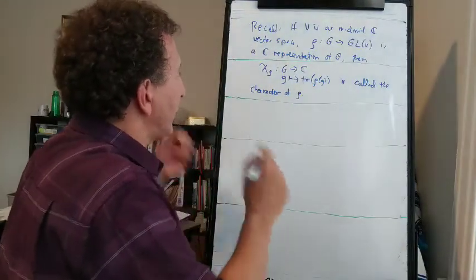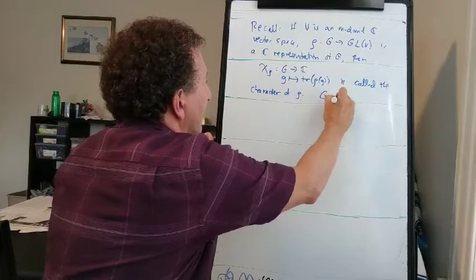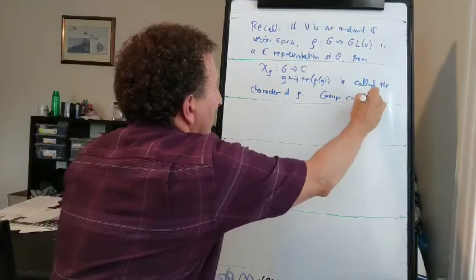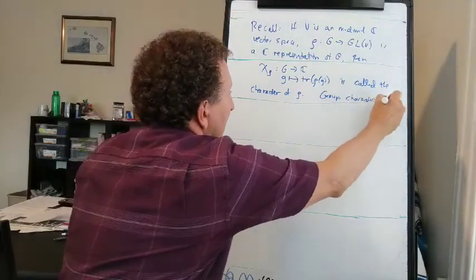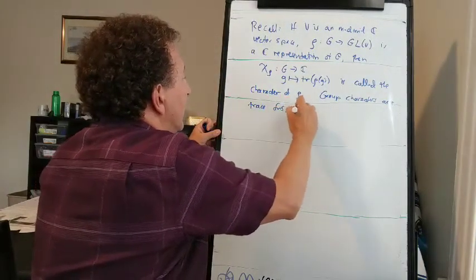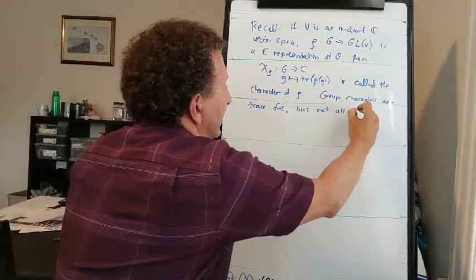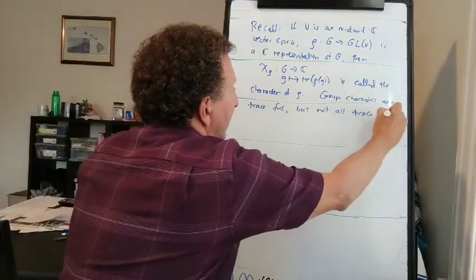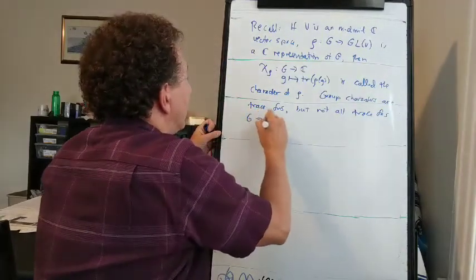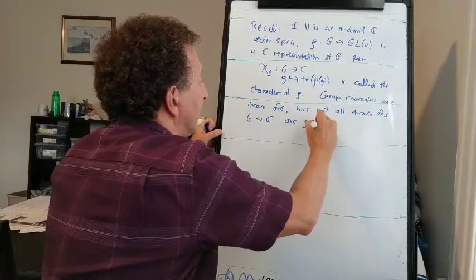Now, group characters are trace functions because we defined it that way. But not all trace functions are group characters.